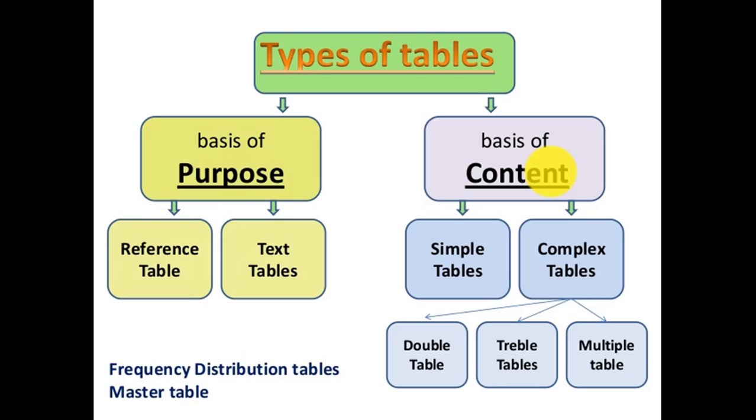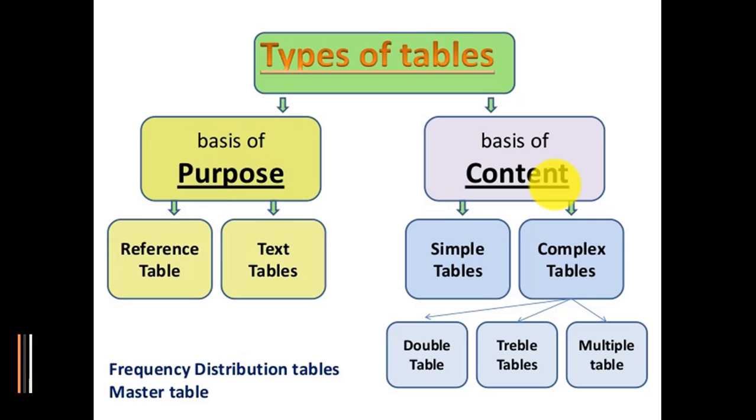Okay, and we can also classify the types of tables on the basis of objective or purpose, nature of the data that we have derived, and extent of coverage, where it is going to cover, what are the different kinds of things that the table is going to cover.